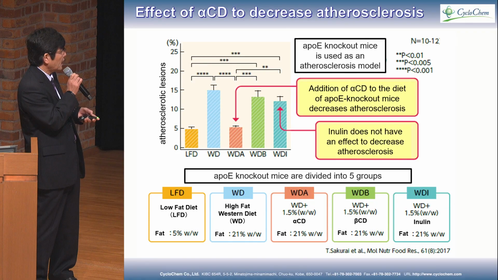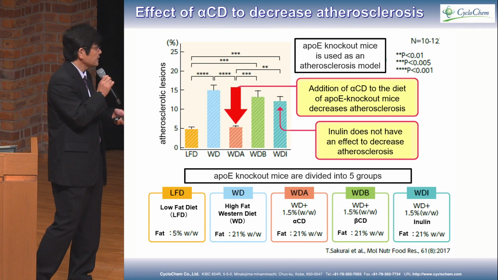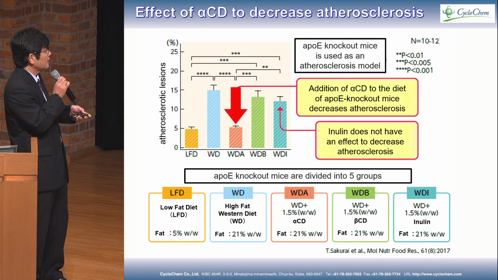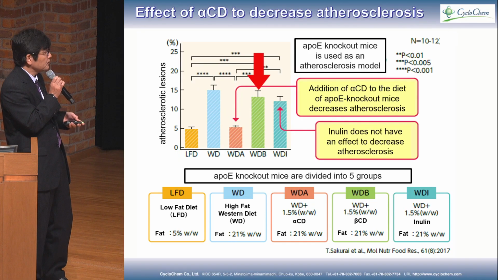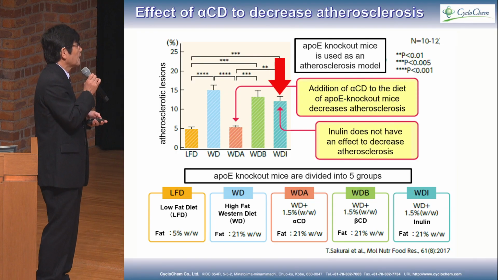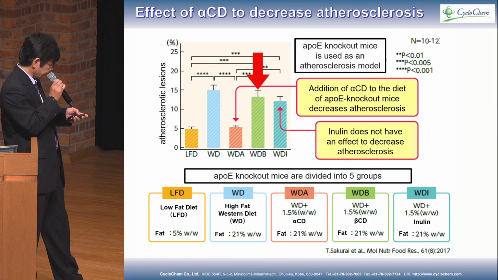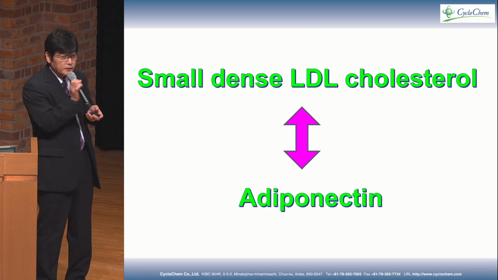But if you take the high-fat Western diet together with alpha-cyclodextrin, then you can see the level is almost the same as the low-fat diet. But beta-cyclodextrin and inulin, such dietary fibers, cannot show the same effect.